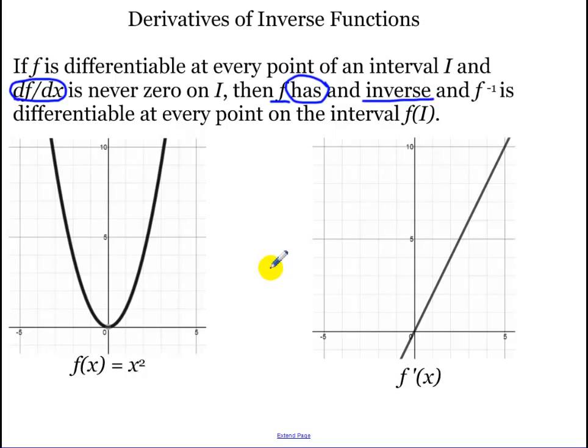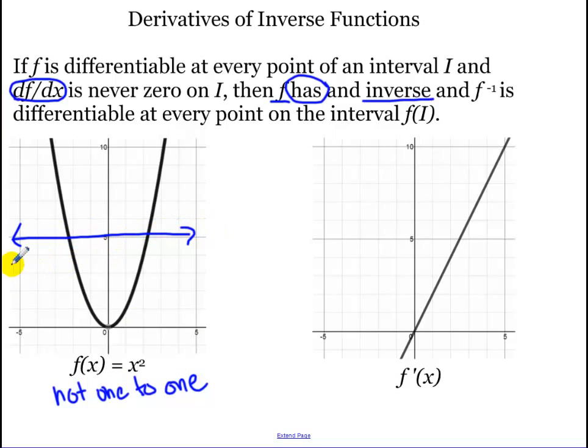So I have an example where this is not true. We have y equals x squared. So we know this function is not 1 to 1, because it doesn't pass our horizontal line test.